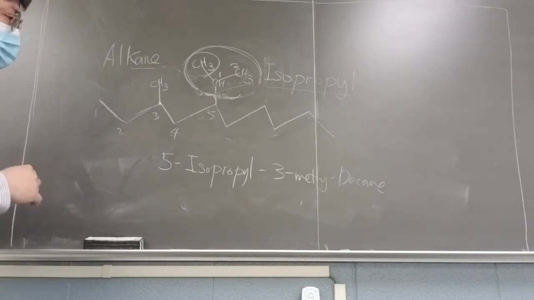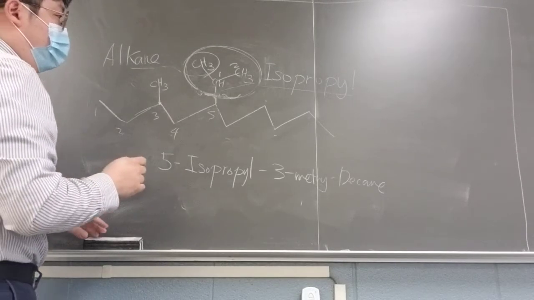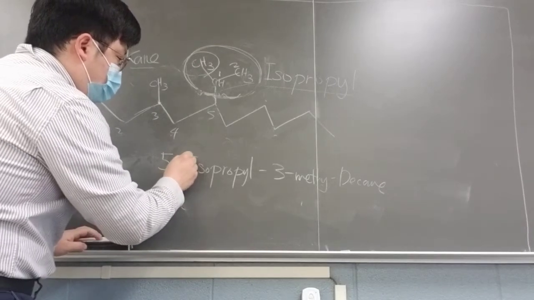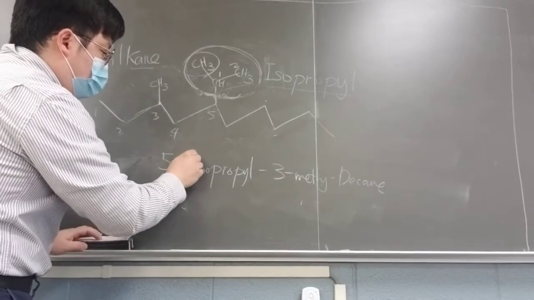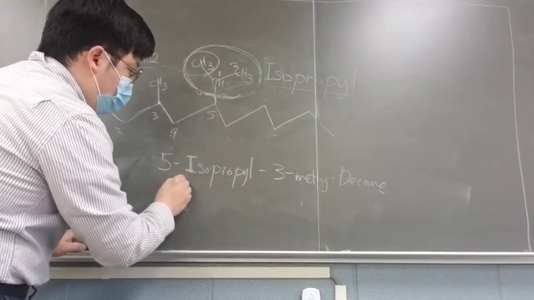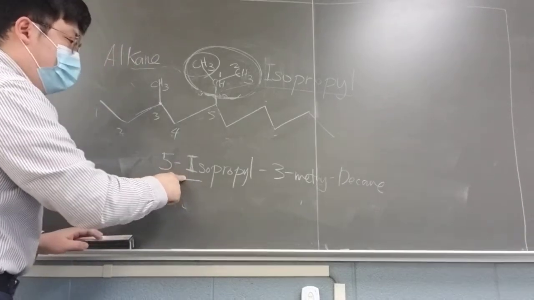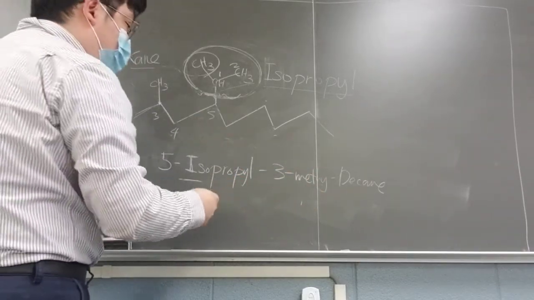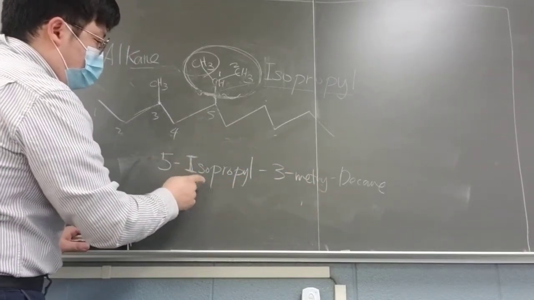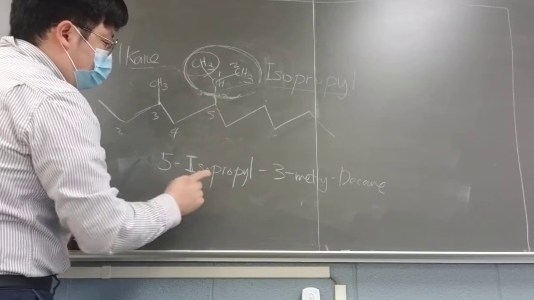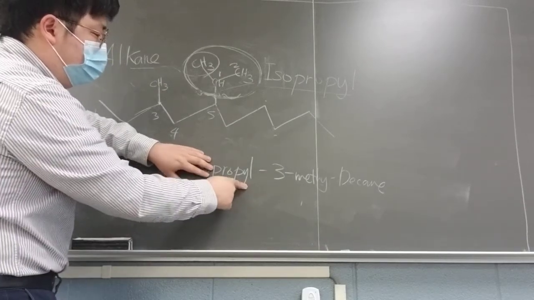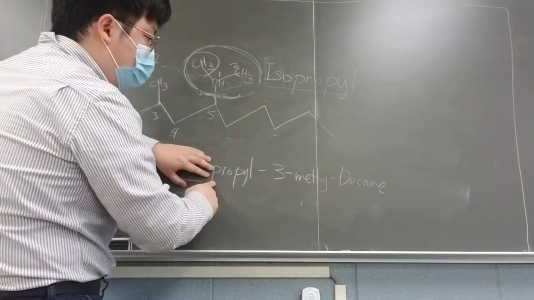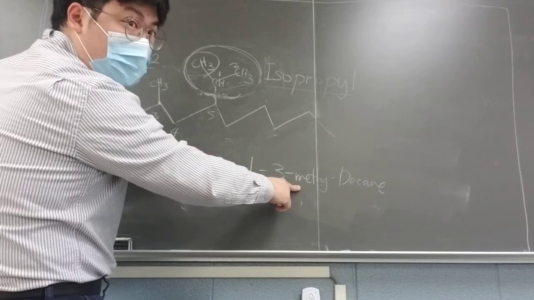The thing is, whenever you put the iso, we normally put this in the capital I, and you count this I as alphabetical order. So this is why this is a propyl. If it's just the regular propyl, it could have been later than this one, because P comes later than M, right?